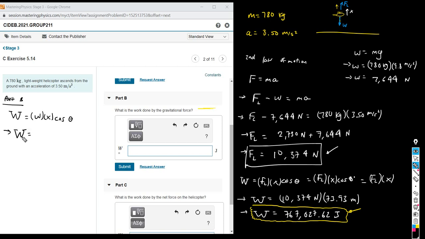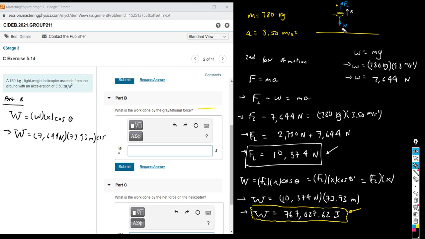So what do we get? The work will be the weight, which is this much, 7,644 newtons. The displacement, which we already got, it's this much. I'm gonna put it there again, 73.93 meters, times the cosine of the angle between the weight and the displacement. Look at them.